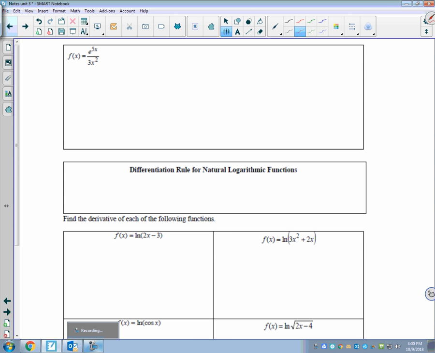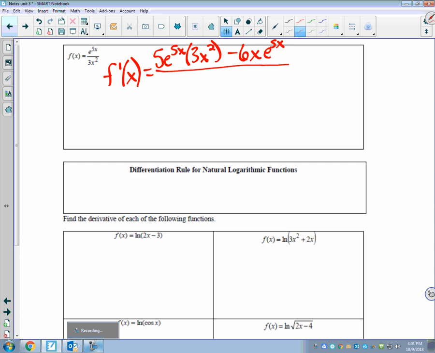What about this one? Oh my gosh, I think I need the quotient rule. So the derivative of the top would be 5e to the 5x times the bottom, which is 3x squared, minus the derivative of the bottom would be 6x times the top, which is e to the 5x. Over the denominator squared would be 9x to the 4th.